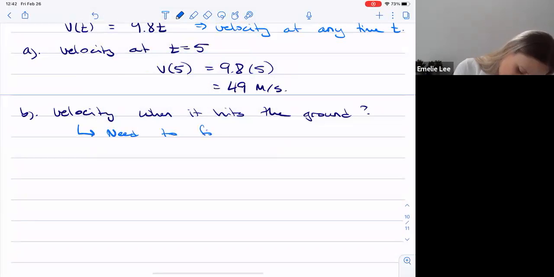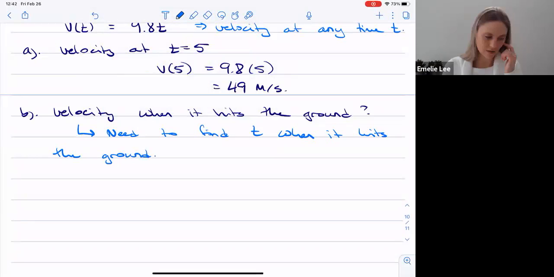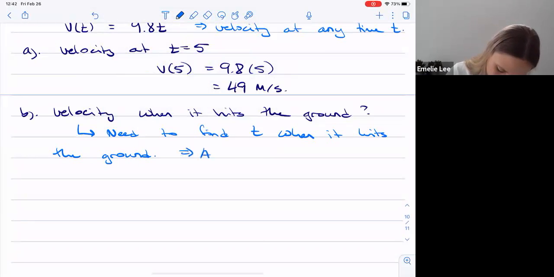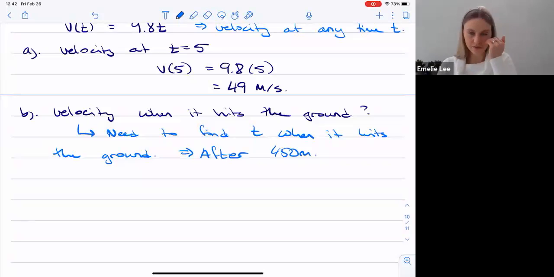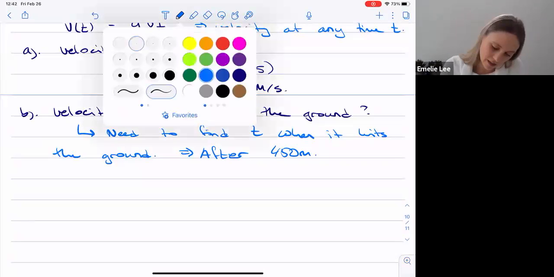Need to find t when it hits the ground, which is after 450 meters, right? We were told that in the initial blurb. So it has to fall a distance of 450 meters, and we need to figure out how long that takes.